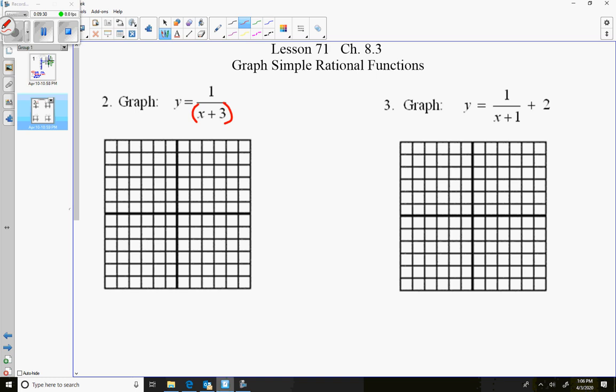So yes, it is grouped with the x. And the plus 3 actually means go 3 to the left. So 3 to the left makes that right there our starting point.